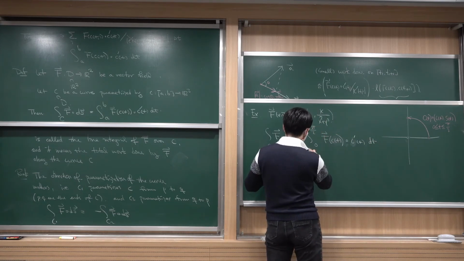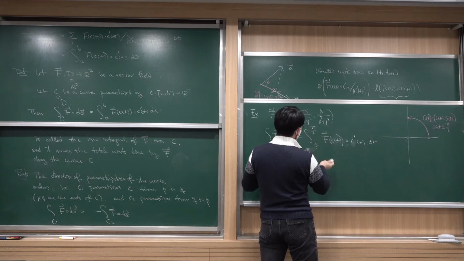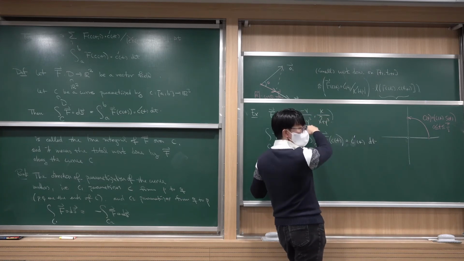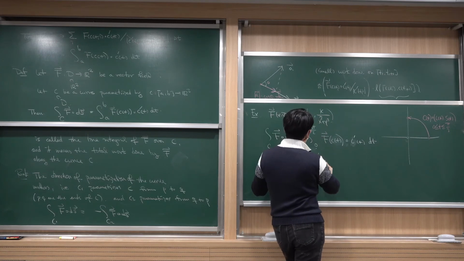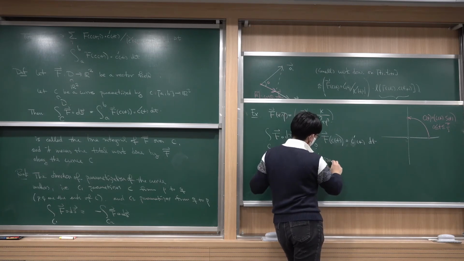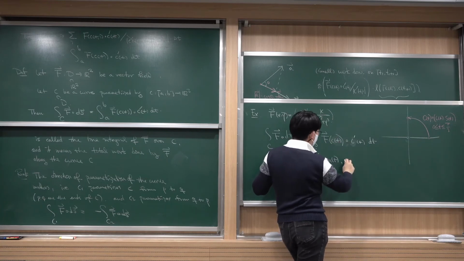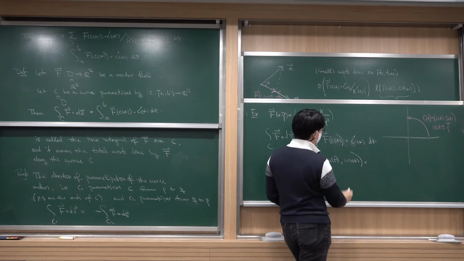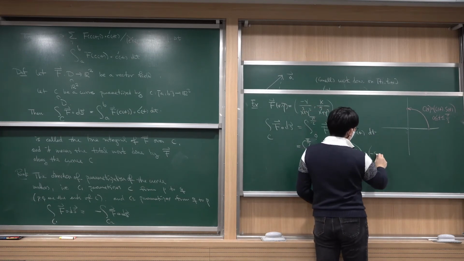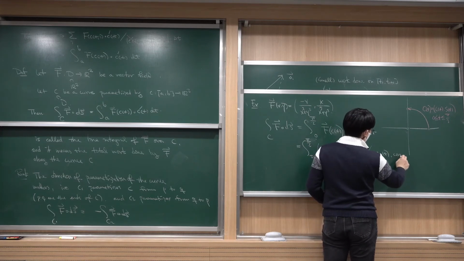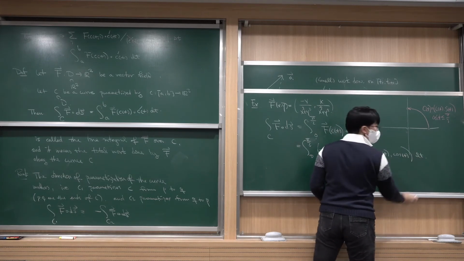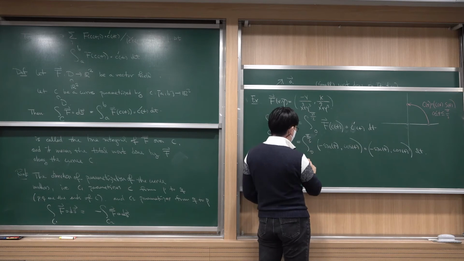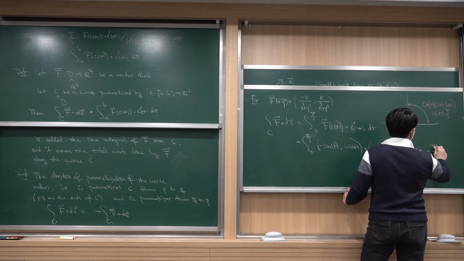So let's plug in. x is cosine t, and y is sine t. If I plug in, the denominator is always 1. So it becomes minus sine t, and x is cosine t. That's f. Then you take the inner product with C prime t, which is (minus sine t, cosine t) dt. So this becomes sine squared plus cosine squared, which is 1. So I'm basically doing integration of 1, which is pi over 2.